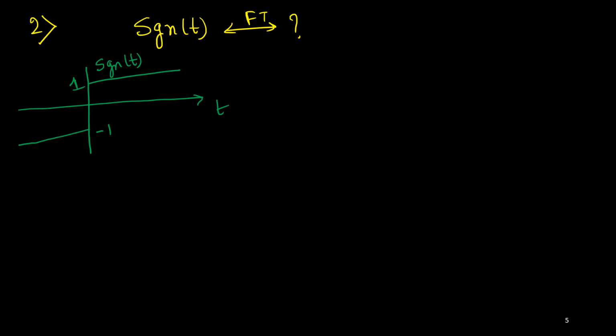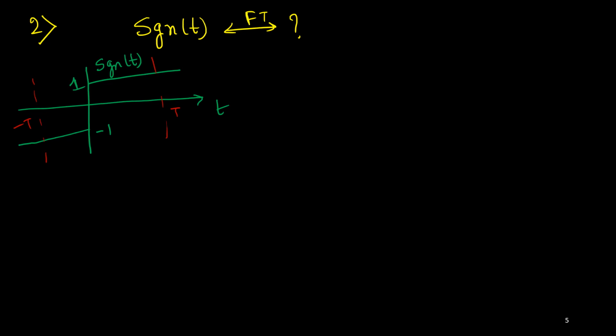Now obviously its DC value, its average value, is 0. If I consider from minus T to plus T, you see the area under this curve is going to be 0, because this is T into minus 1 and this is T into plus 1. If you add these two, you get 0. Then if you make T tend to infinity, it also becomes 0.